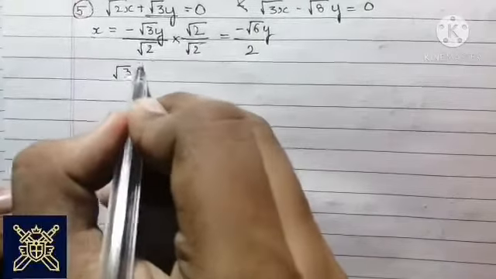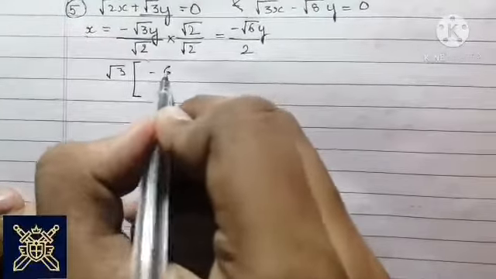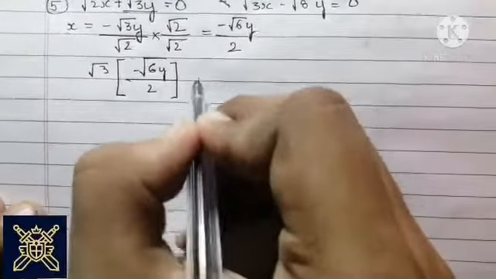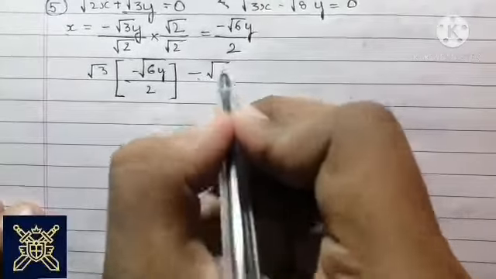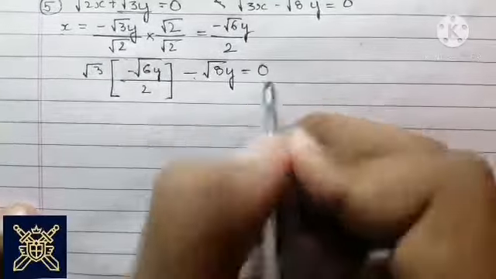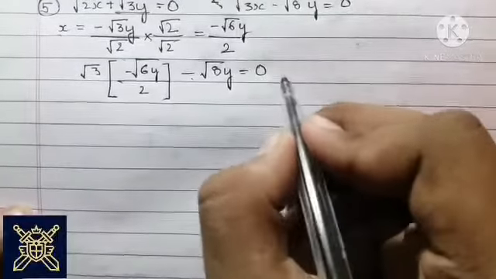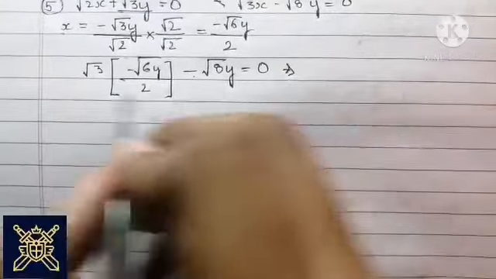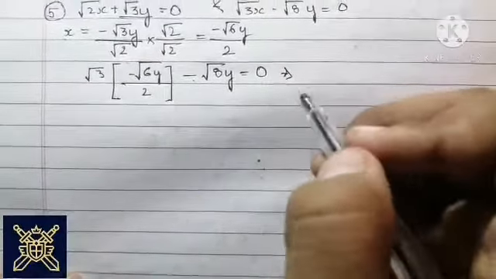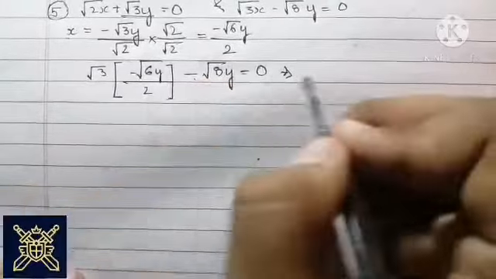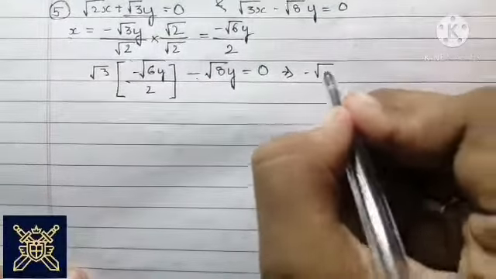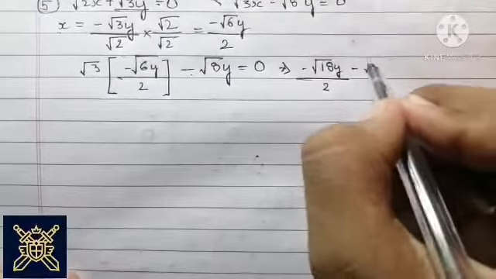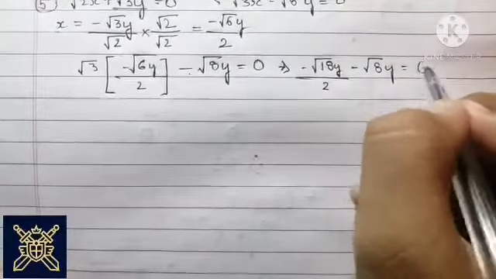So root 3 into minus root 6y upon 2 minus root 8y is equal to 0. Now we will solve this equation further. What we get is root 3 into root 6, that is root 18, 3 6s are 18, so minus under root 18y by 2 minus under root 8y is equal to 0.